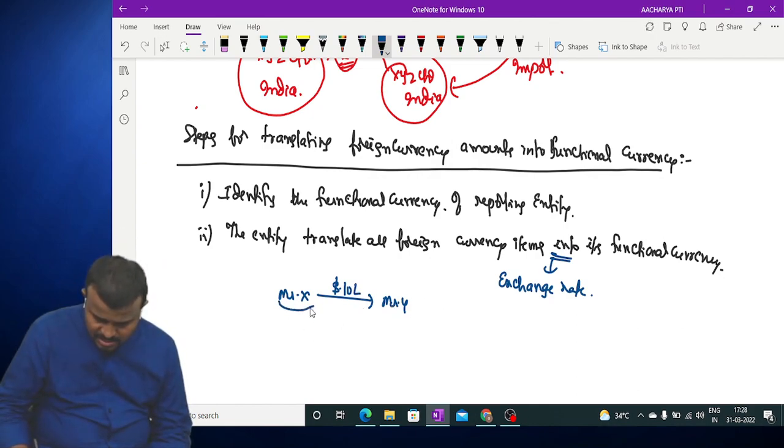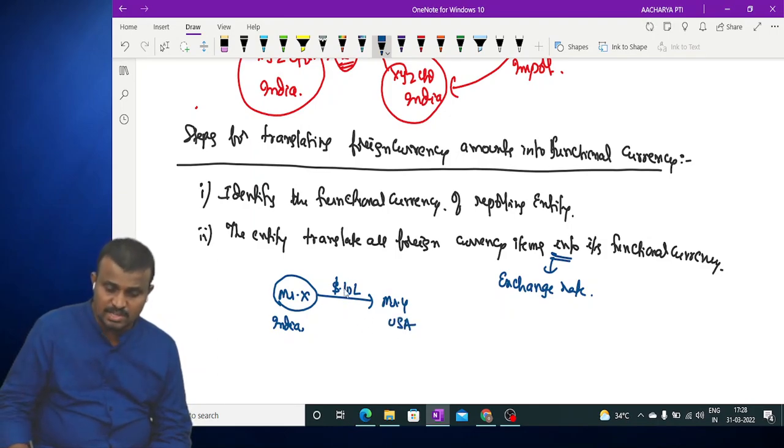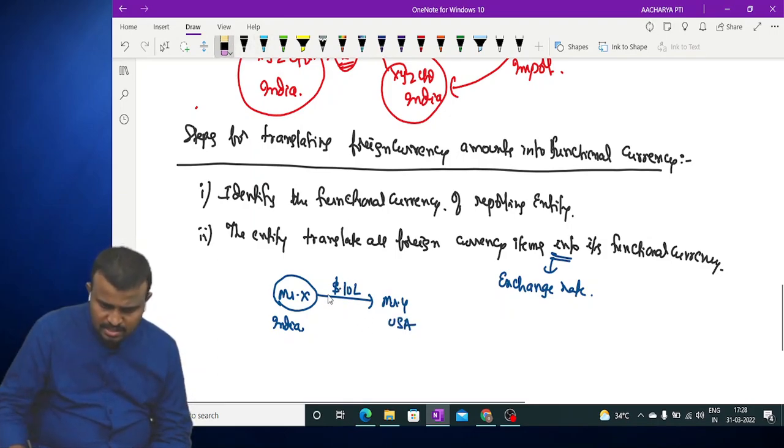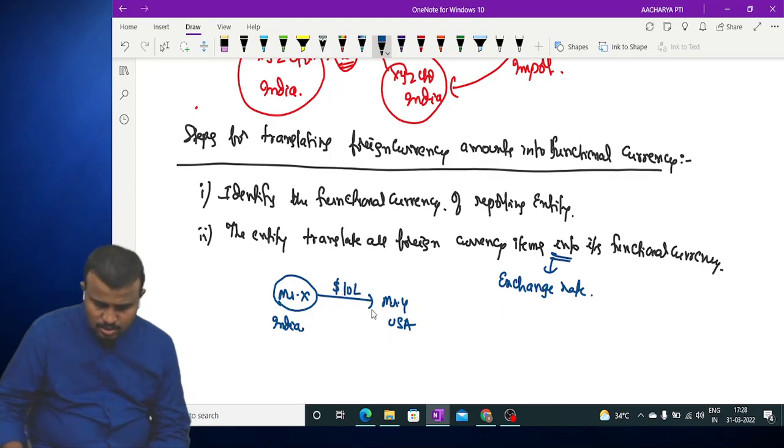Here Mr. X is located in India and Mr. Y is located in USA. The goods worth around 10 lakh dollars are sold.